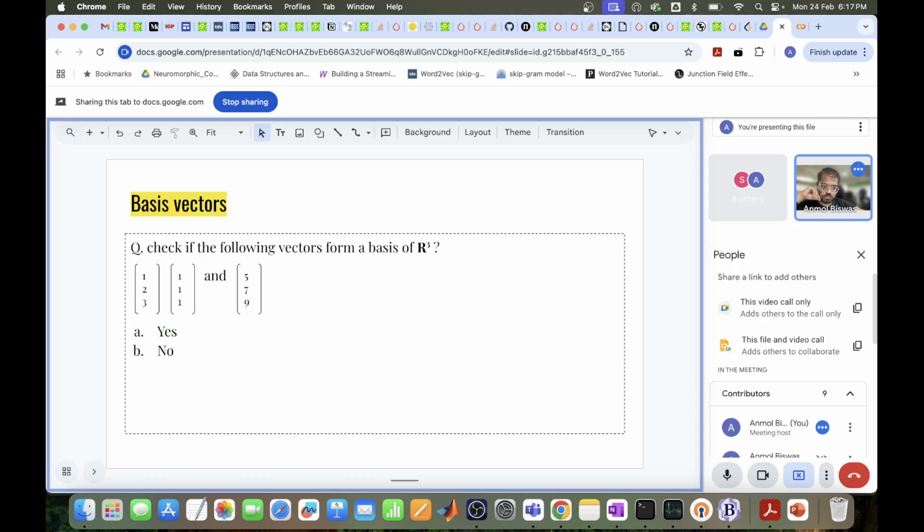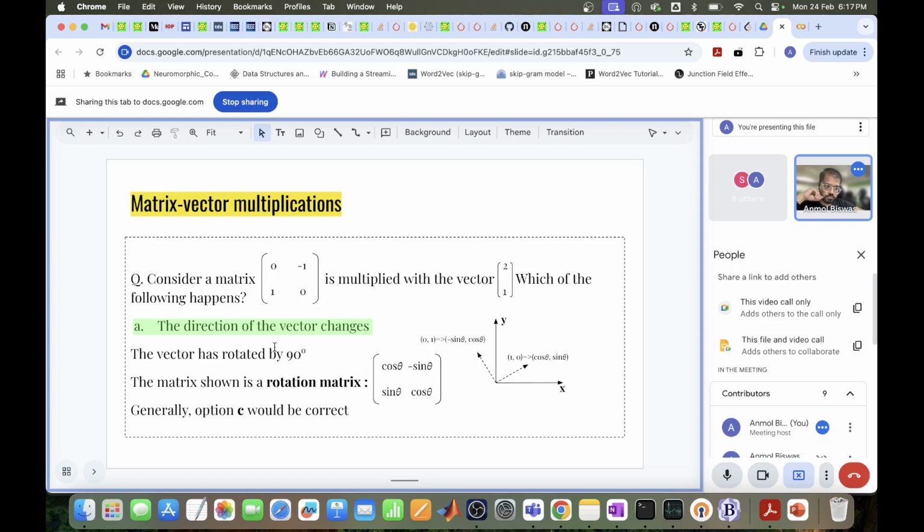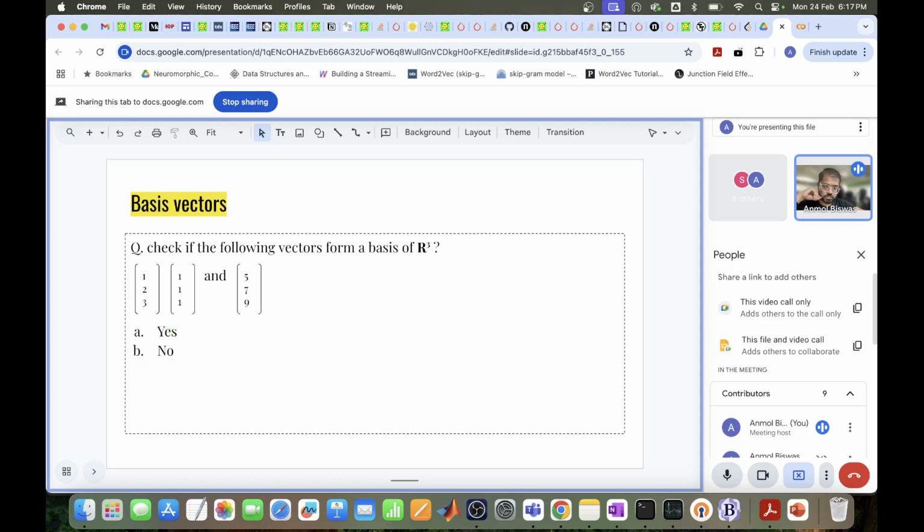So now we come to something interesting, which is basis vectors, right? In the previous example, we saw matrices and matrix vector products. Now basis vectors are basically a way to characterize a certain space, right? So if you have a space of vectors, this concept, which is also called a vector space, is a very specific concept.